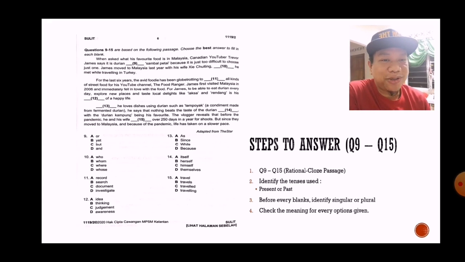Of course, the obvious answer is B. Since he loves dishes using durian, such as tempoyak and so on. So B is the answer for number 13.